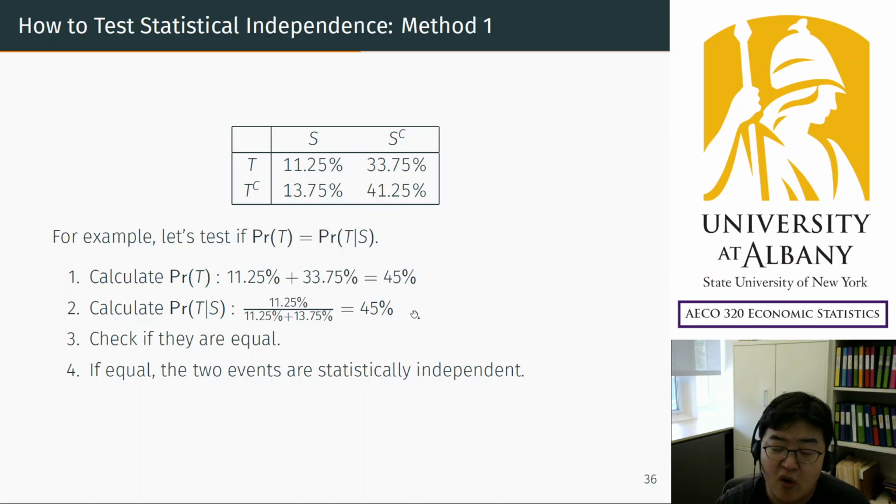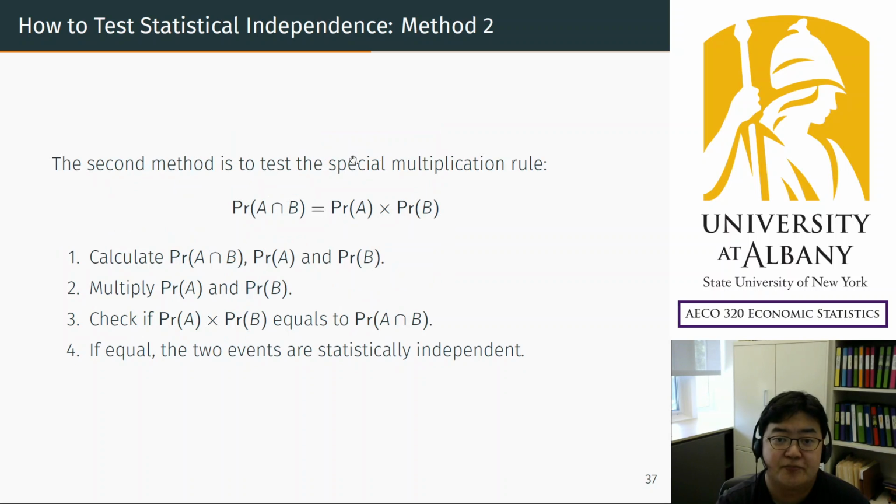So they are equal. We have proved it. Then this proof implies those two, S and T, are independent. That's it. So that's one way to verify independence.